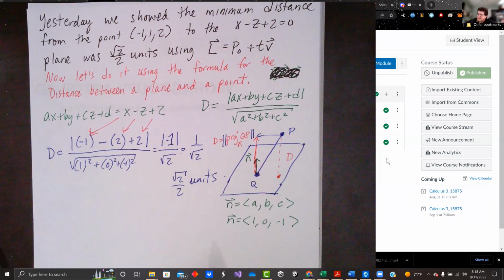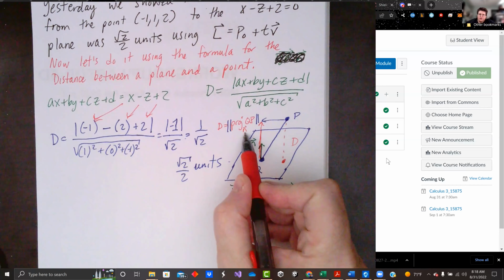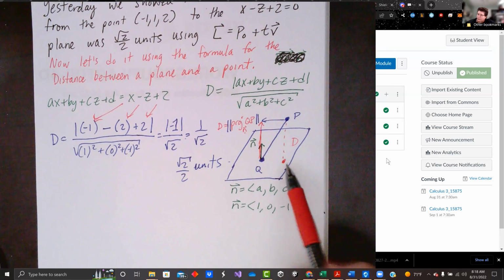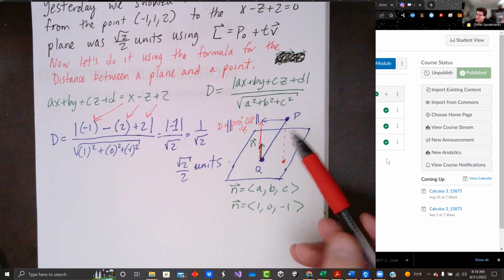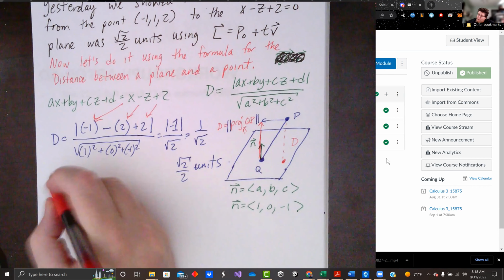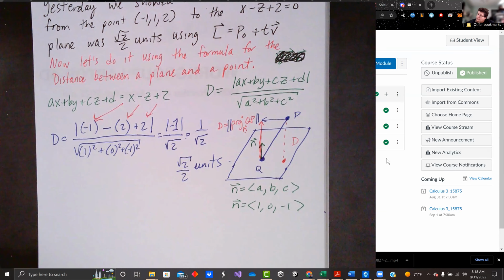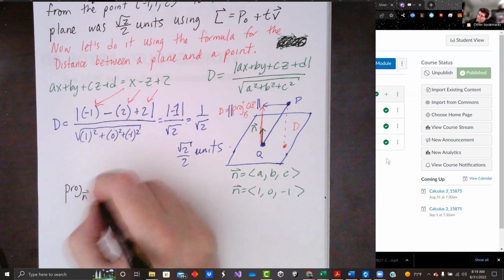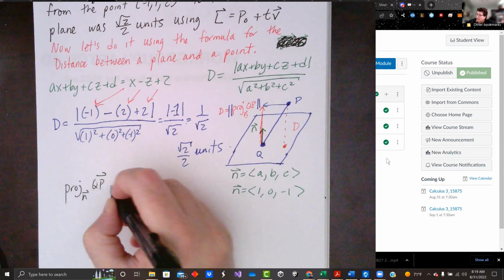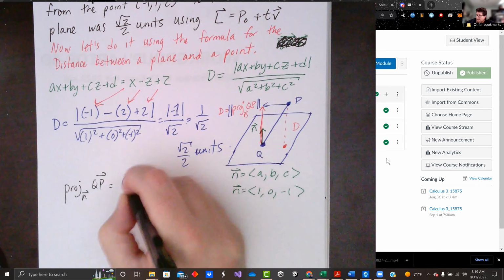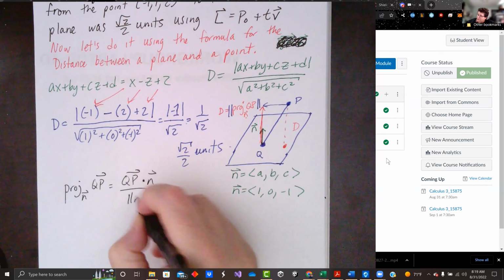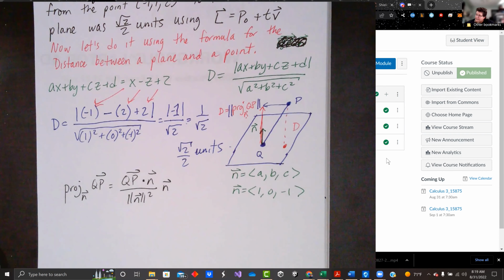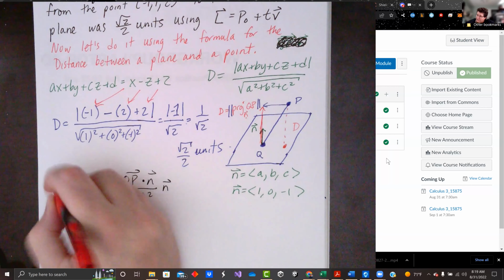And that formula does come from doing the magnitude of the projection. So if you want to understand what's going on, you don't need to memorize the formula. You could just do it if you know the projection formula. Projection onto N of QP would be QP dot N over the magnitude of N squared times N. And then when we do the distance, we're taking the magnitude of this.